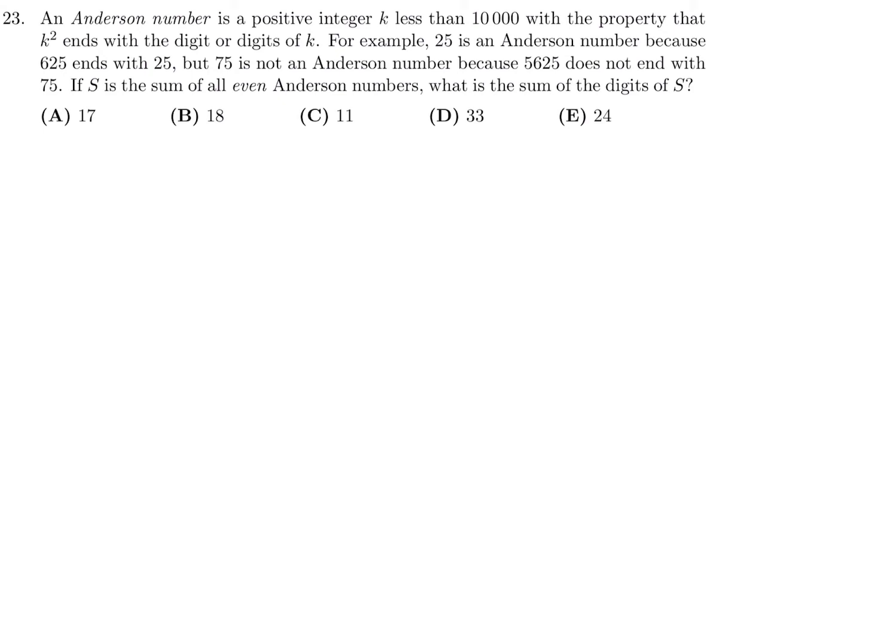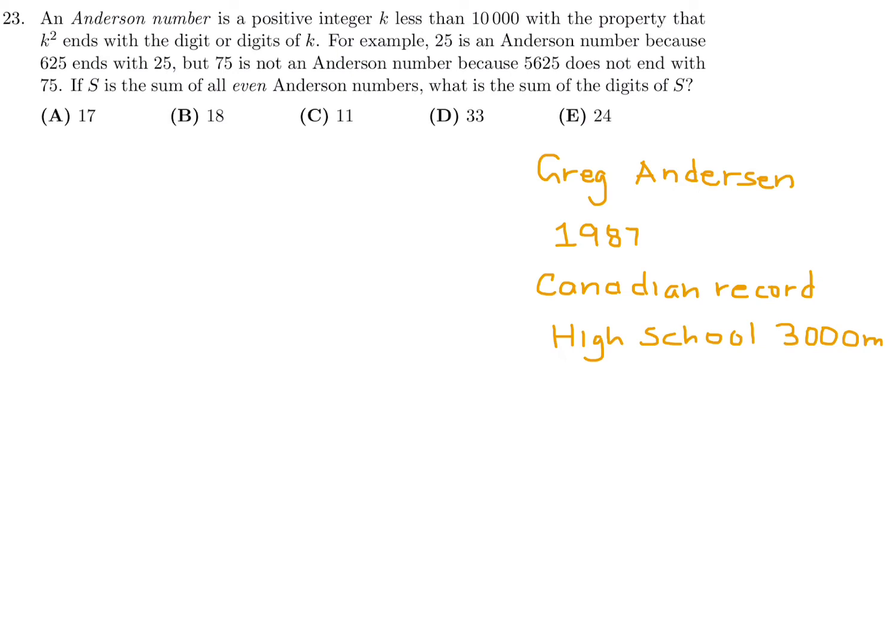I just want to give a quick shout out to someone who I know whose last name is Anderson. His name is Greg Anderson. Notice the spelling is slightly different. And he's a legend because this man back in 1987 set the Canadian record for the high school 3,000 meters with a remarkable time of 8 minutes even.